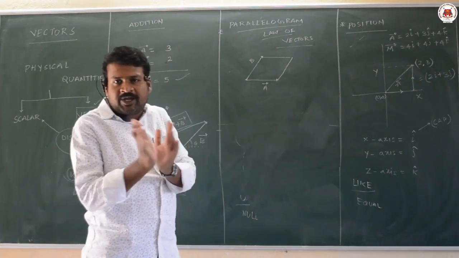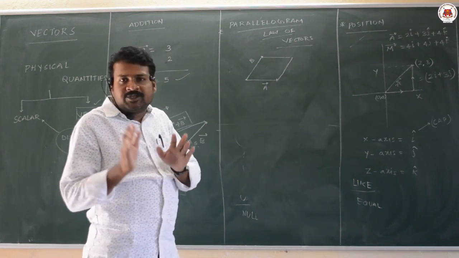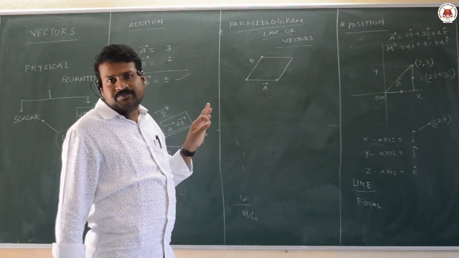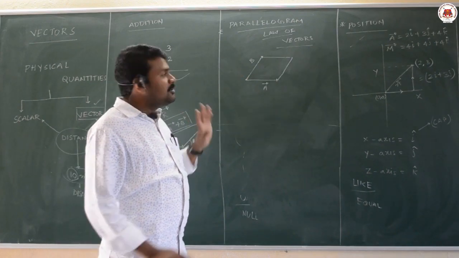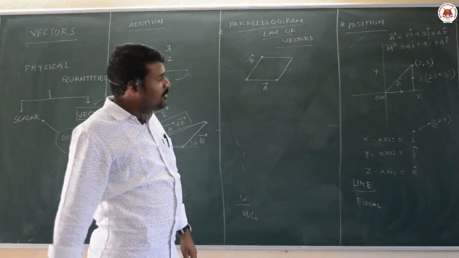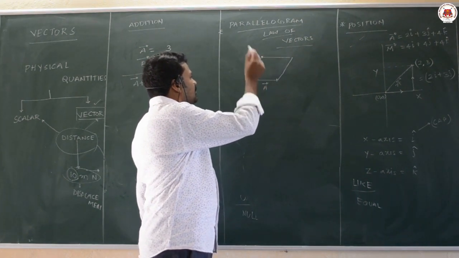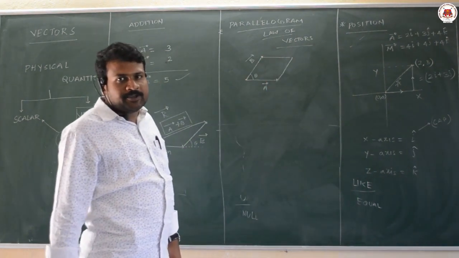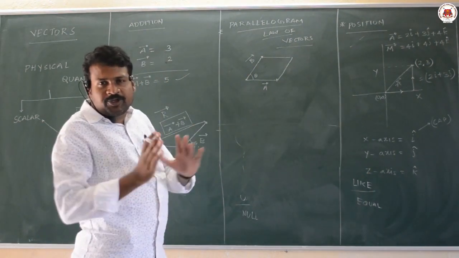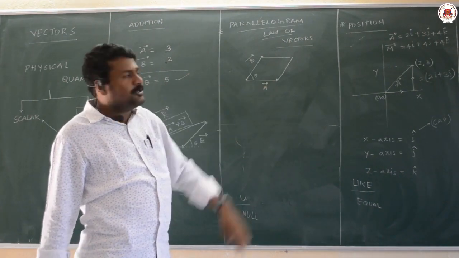Suppose I want to add A and B. A and B are representing two sides of a parallelogram. Here you have to understand very carefully. A and B should represent two sides of a parallelogram, making an angle theta between them, both in magnitude and direction. These are co-initial vectors, meaning they come from a common point.